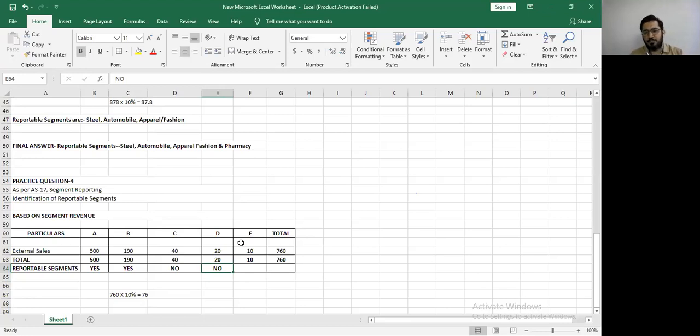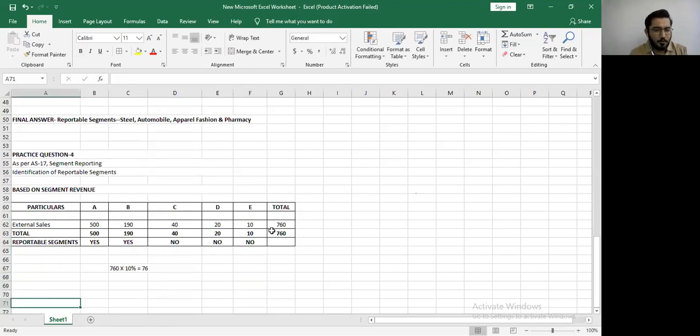No separate disclosures are required. And finally, what about segment E? Do you need separate disclosures for segment E? No separate disclosures are required.